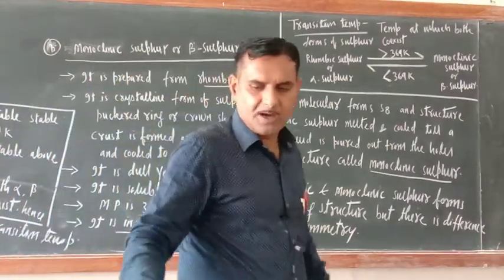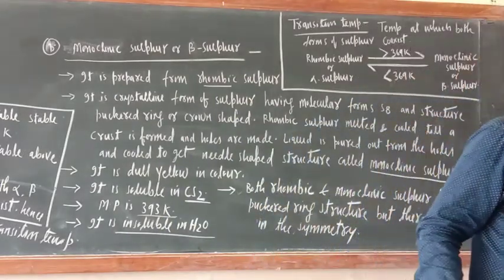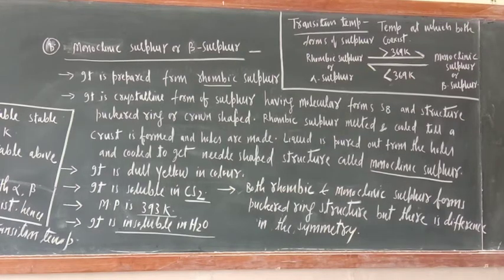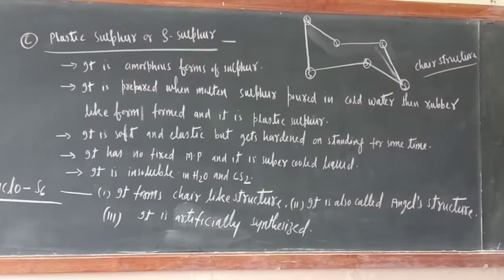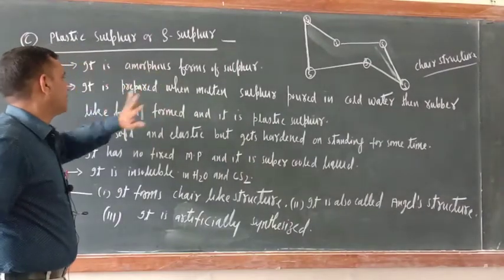Now the last form is plastic sulfur or delta sulfur. So it is not a crystalline form, it is an amorphous form of sulfur.